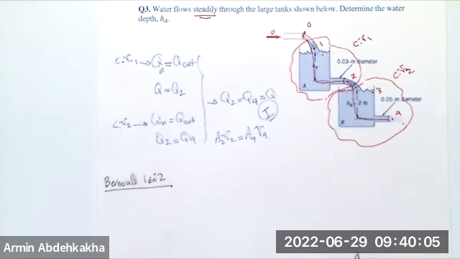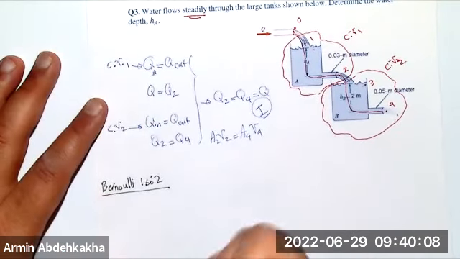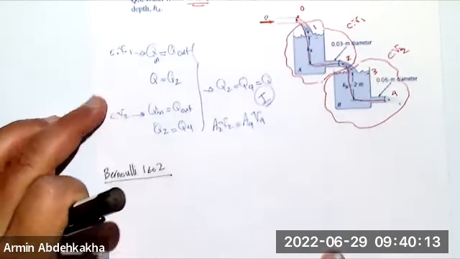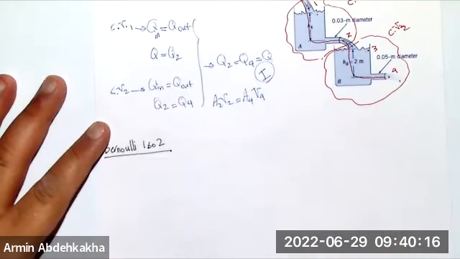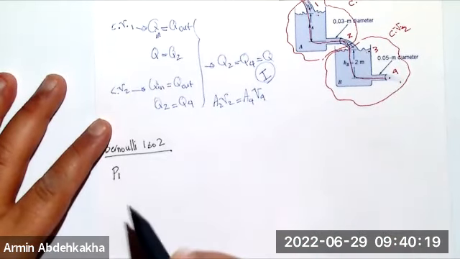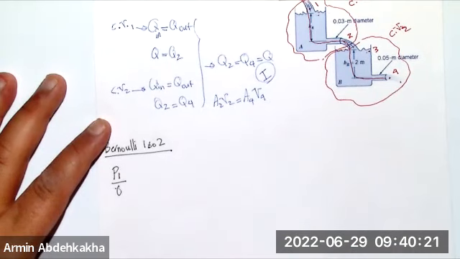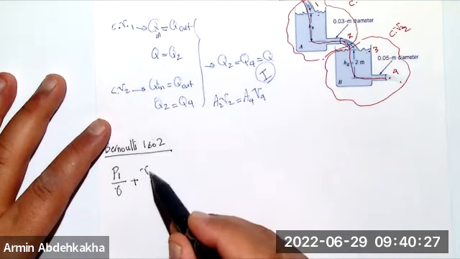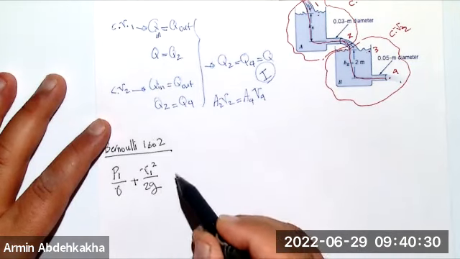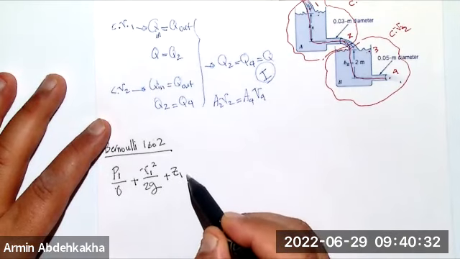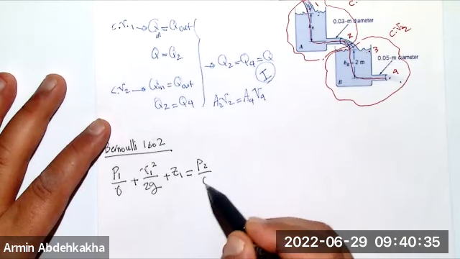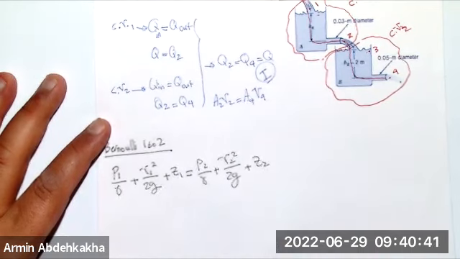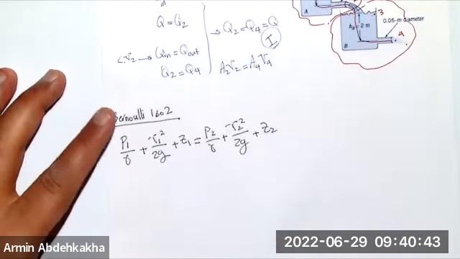As long as you don't mention that you have losses, you can assume that it is inviscid, and you can apply that. Perfect. Okay, so I can write that P1 over gamma plus V1 squared over 2g plus Z1 is equal to P2 over gamma plus V2 squared over 2g plus Z2, right? So that's the first equation.